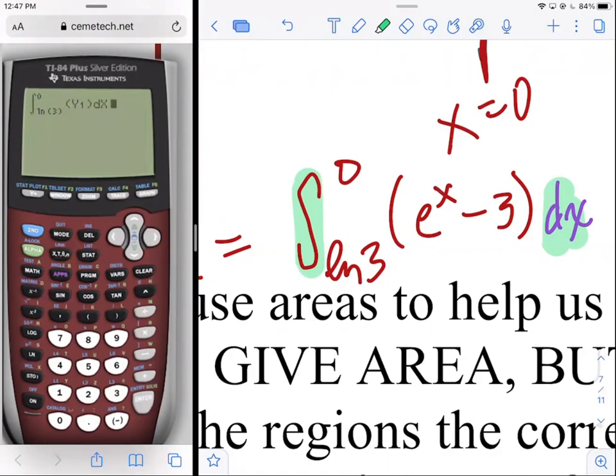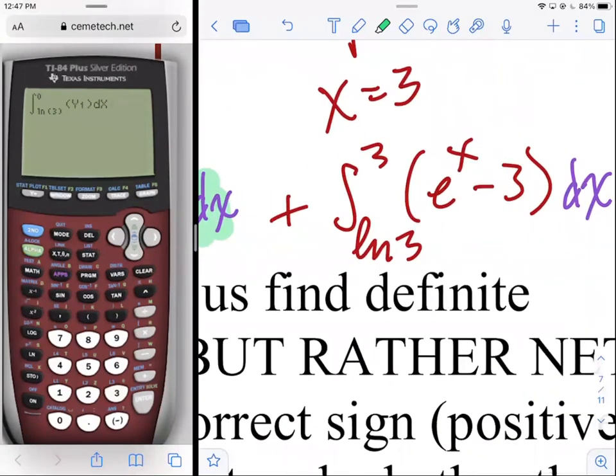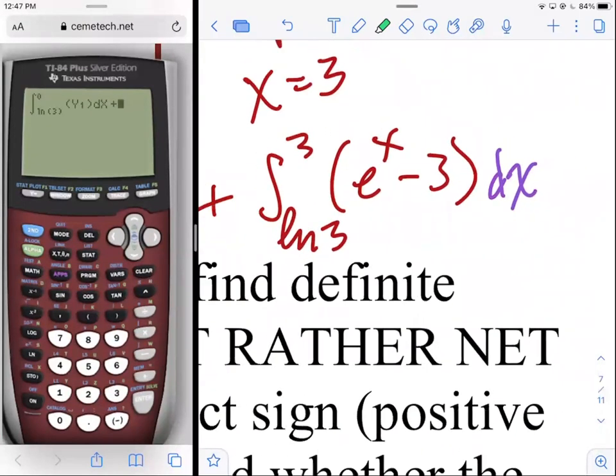Now, don't hit enter. We got plus. This is why we do it from the home screen. We don't care to watch it shade. Math 9, now we go from the natural log of 3, close parentheses, to 3, of alpha trace number 1, dx.